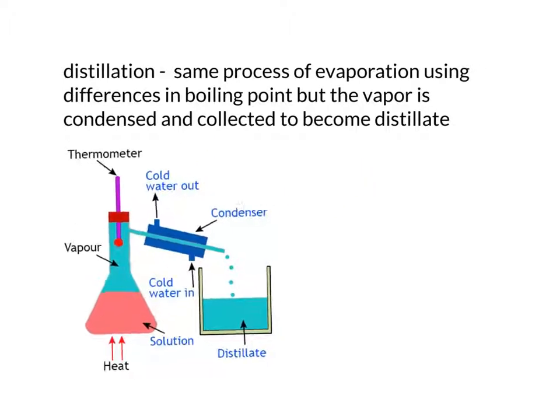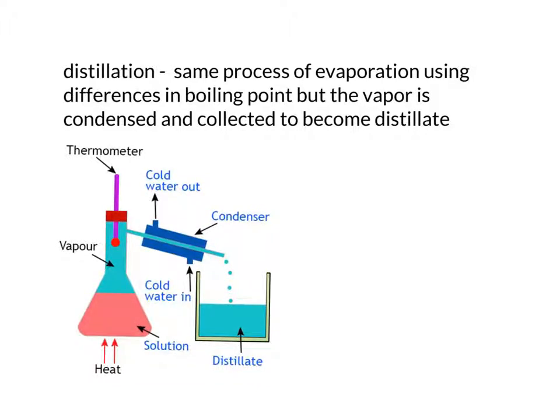In this setup, the mixture, for example a salt solution, is heated and the water evaporates, but it stays inside the tube and is cooled using water from the outer tube, which makes the water condense and become distillate. Okay?